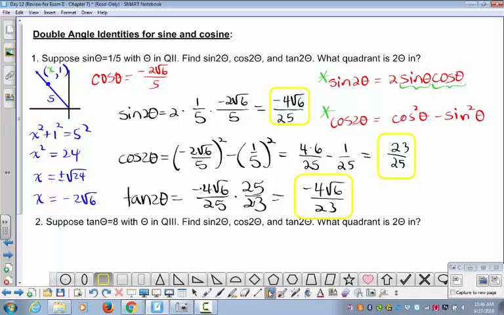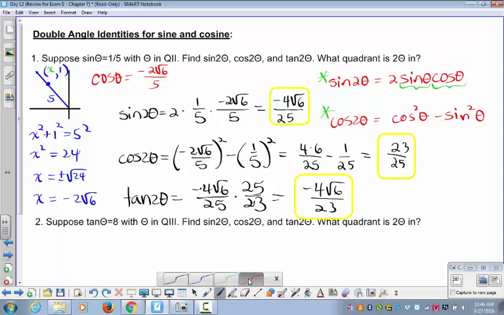All right. What quadrant is 2 theta in? 2 theta is in a different quadrant than theta, most likely. Which one? 3. I hear a 3. So in quadrant 3, is cosine positive? 4. 4? Yeah.